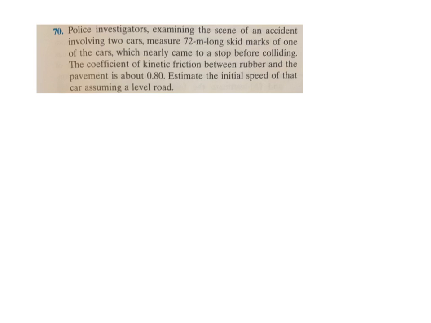So the 72-meter long skid marks will represent the displacement that the car traveled before it was able to come to a stop. All right, so we're asked to find out what the starting velocity of the car was if it traveled 72 meters before it was able to come to a near stop. Okay, it says nearly came to a stop, so I'll say V2 is 0.